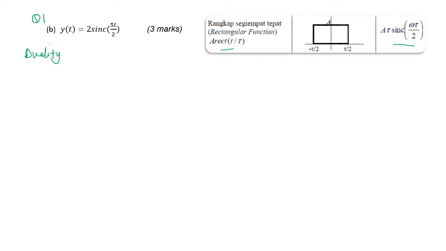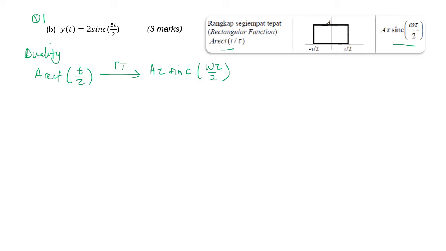So in which, in normal practice, rectangular t over tau, tau is the width of the rectangle, will produce a tau sinc function omega tau over 2. But now you have the equation in sinc function.